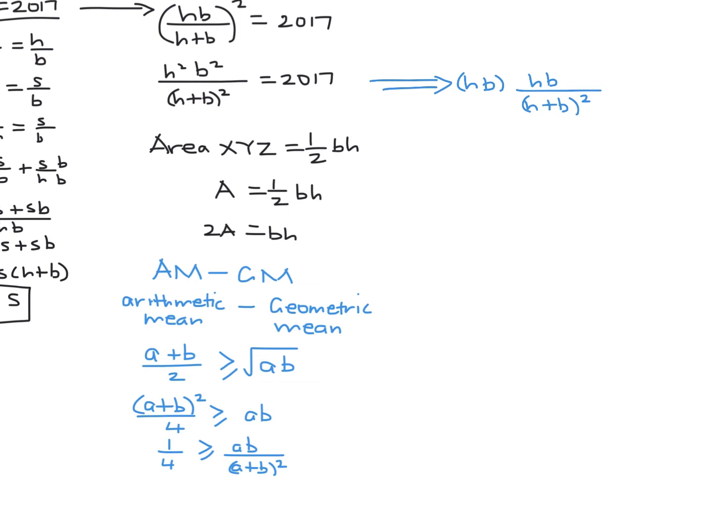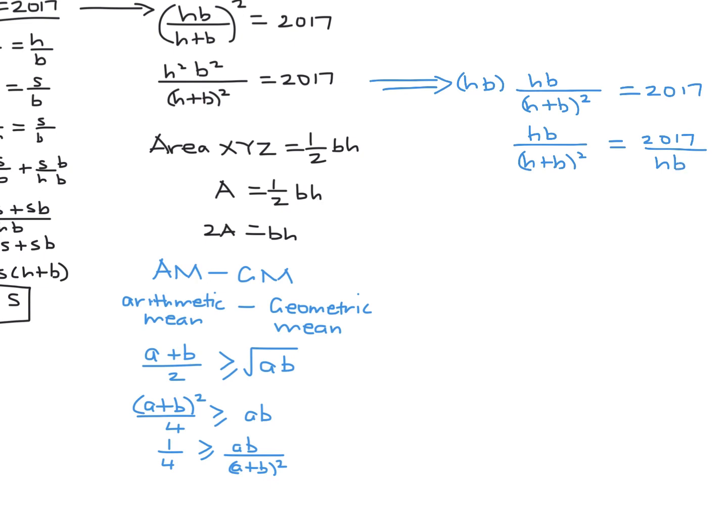And that is equal to 2017. And then let's isolate this part and put the hb in the denominator.